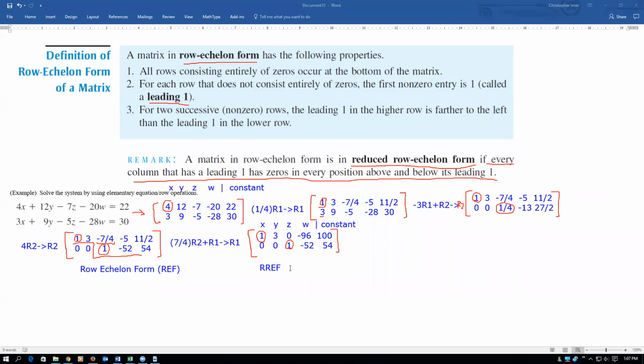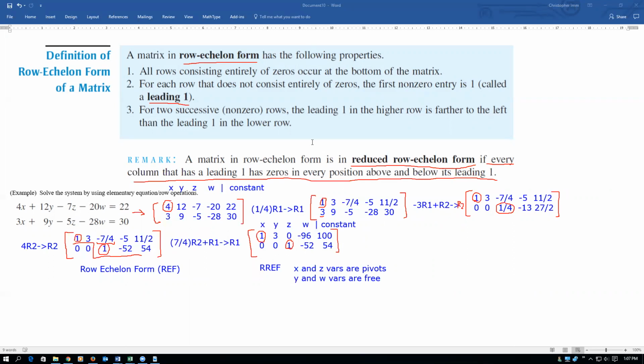We'll say that our X and Z variables are pivots. But Y and W don't have leading ones. We call Y and W variables free. So I say they're sort of free to do whatever they want to do. So they're free to be whatever they would like to be.